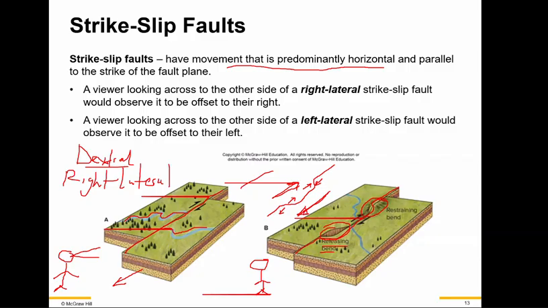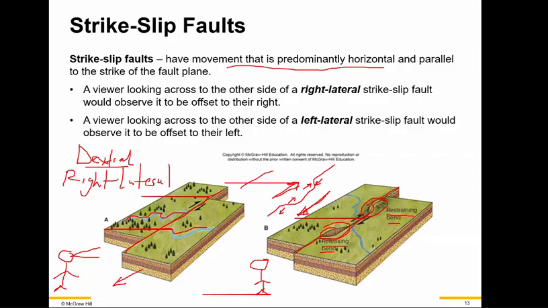This closing you have here is called a restraining bend. So along a strike slip fault, depending on whether it is linear or curved, whether you have bends on the fault, you're going to have what you call a releasing bend or a restraining bend.